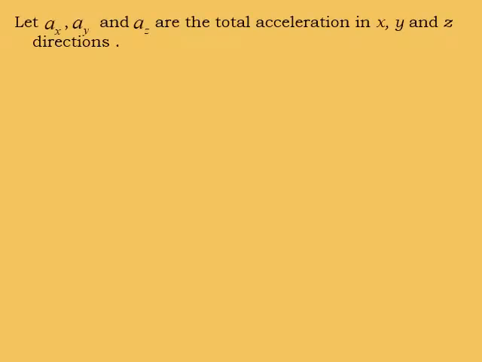Let a x, a y and a z be the total acceleration in x, y and z directions. We know that acceleration is the rate of change of velocity in x, y and z directions.